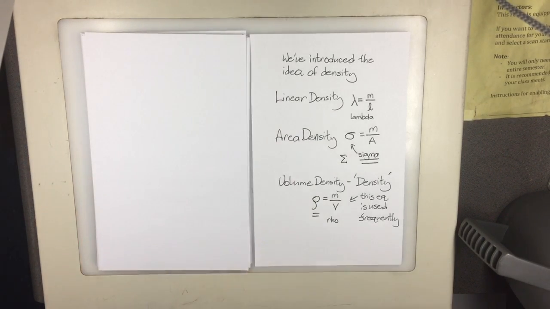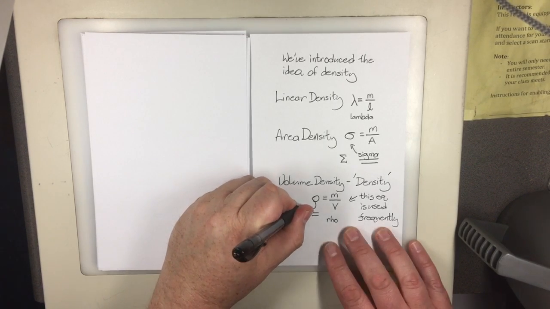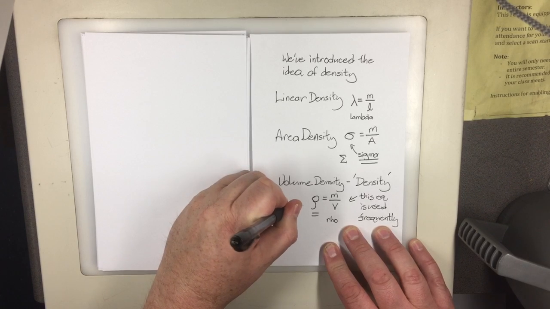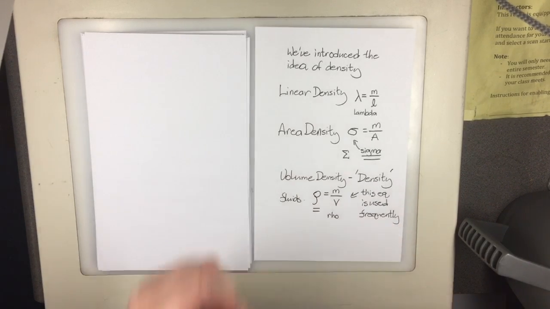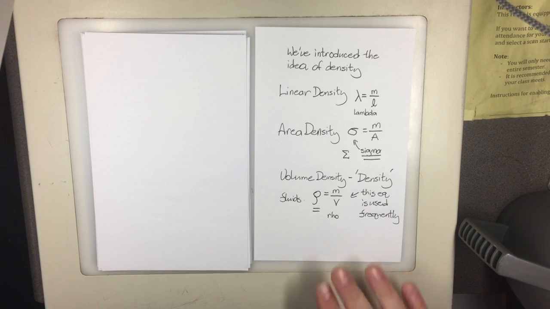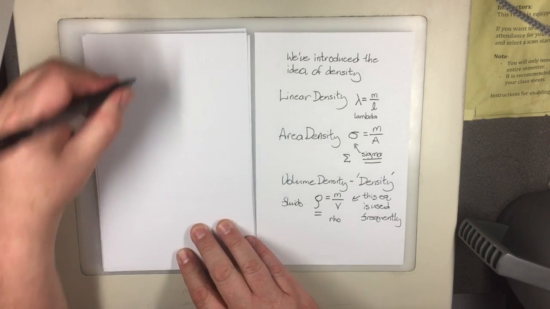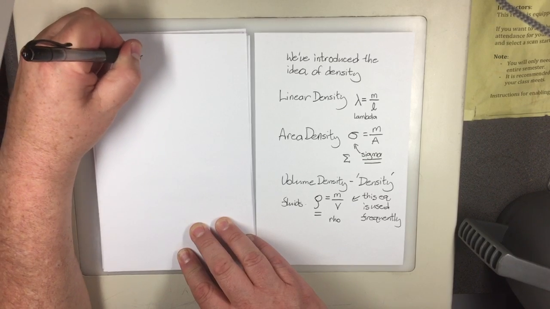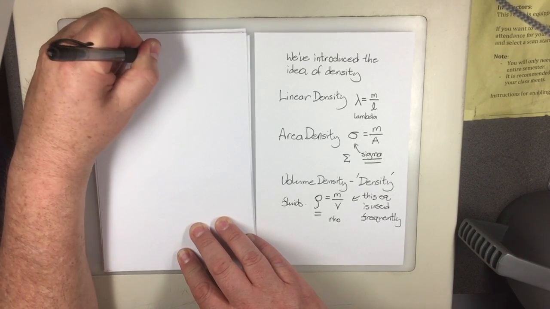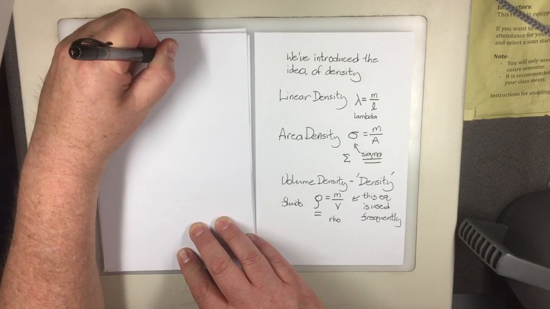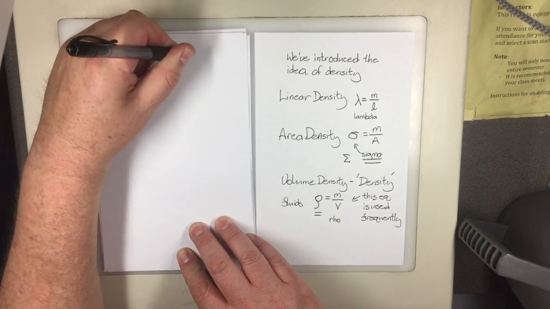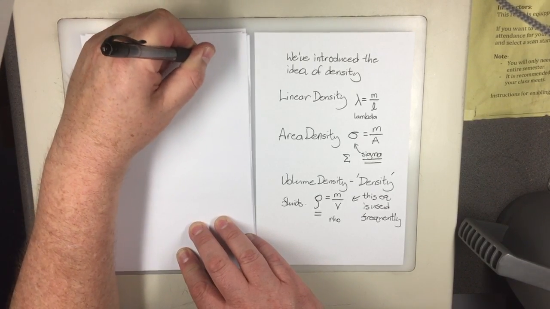So this, for fluids, we're going to be using volume density. And fluids, solids, three-dimensional objects, those we should all be familiar with. Basic geometric shapes will be used.